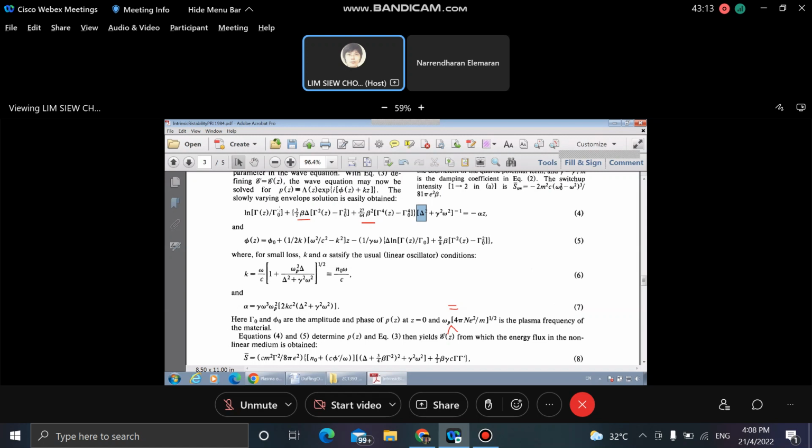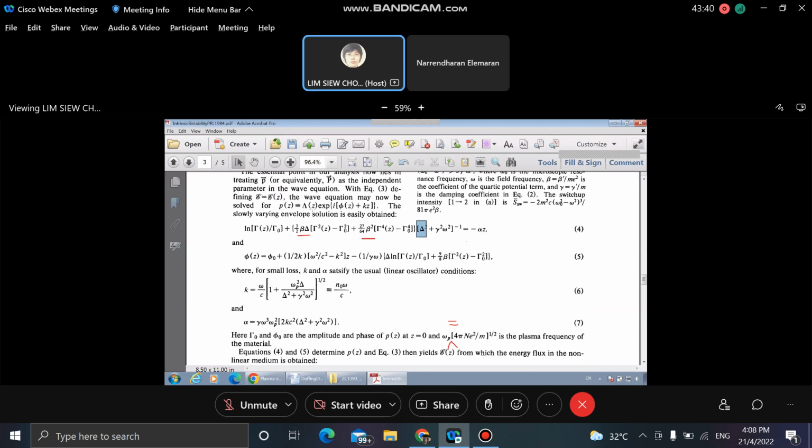So you have gamma z square on gamma z square. This is like nonlinear equations. When you want to find this gamma z, lambda z or gamma z, they are the same.